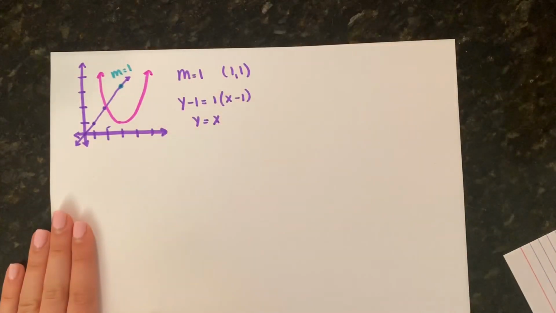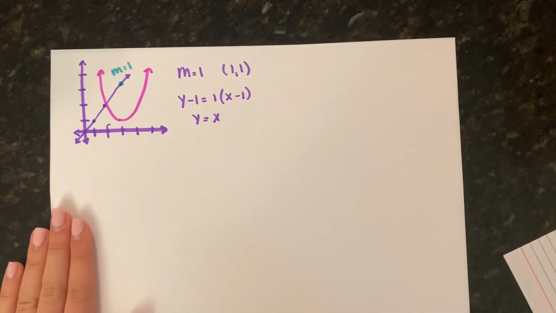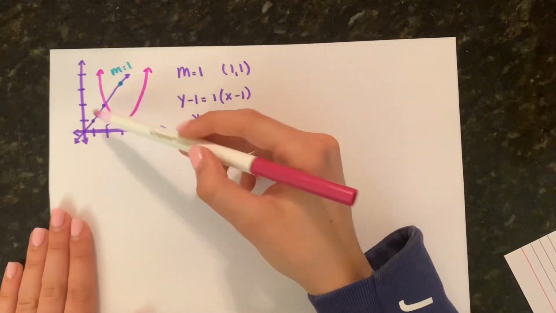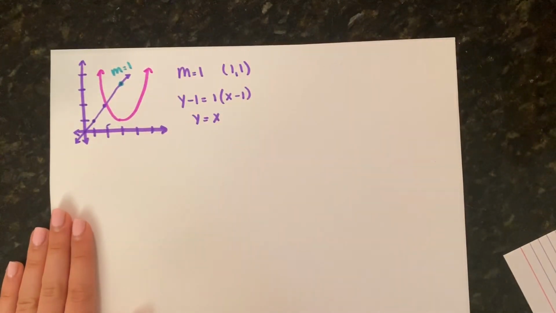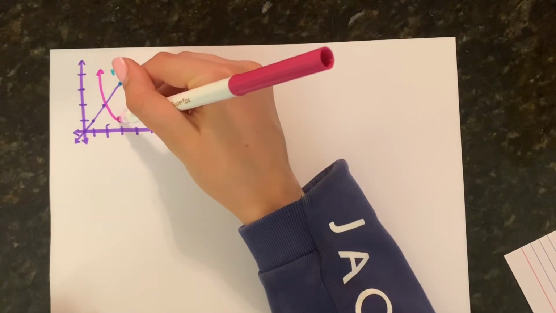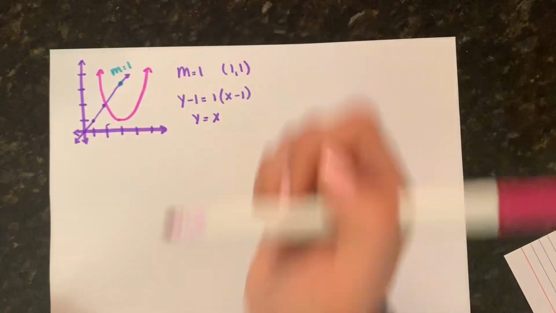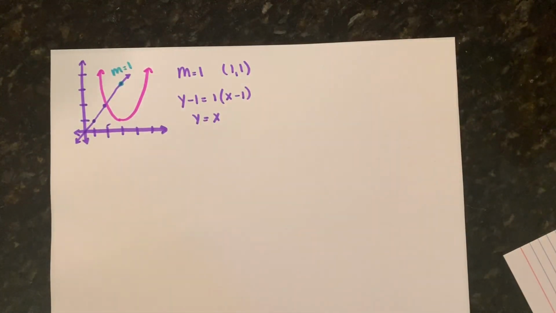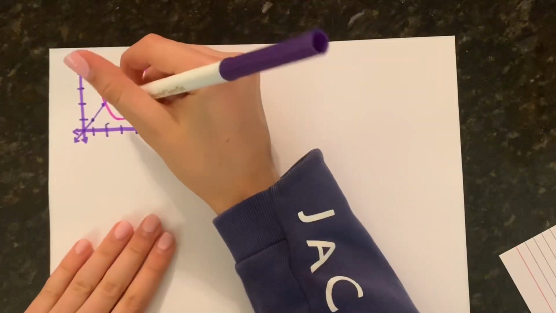For this parabola, if we wanted to find the slope at any given point, we would not be able to use the previous method because the parabola does not have a constant slope throughout. In order to find the slope at any given point here, we would need to use the derivative. Before I get into that though, I want to explain how we can use a secant line to estimate the slope of a point on this parabola.